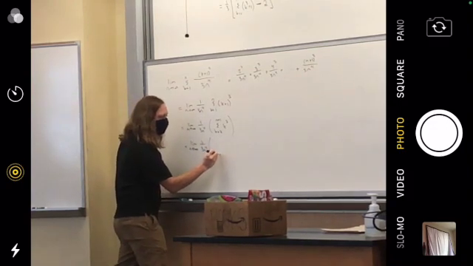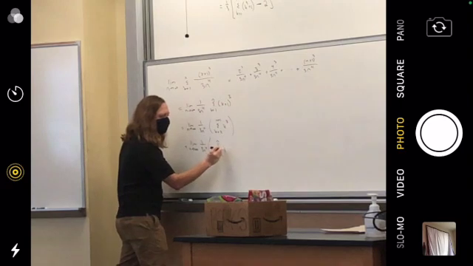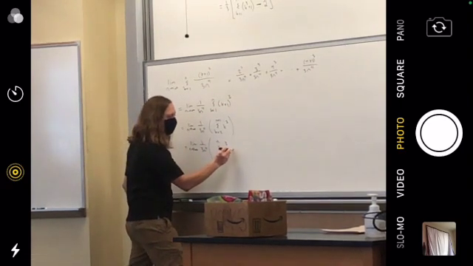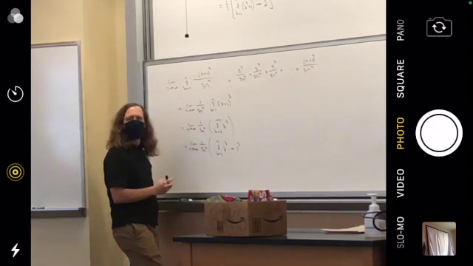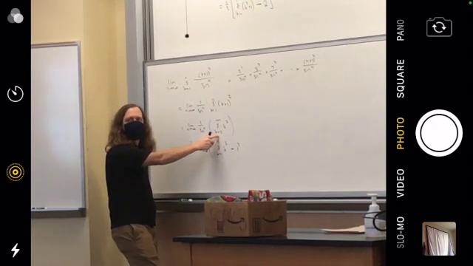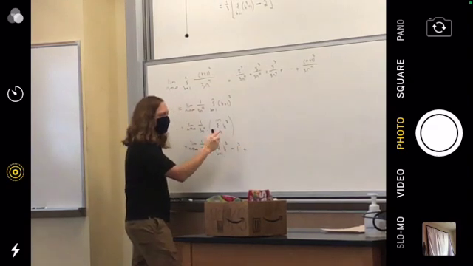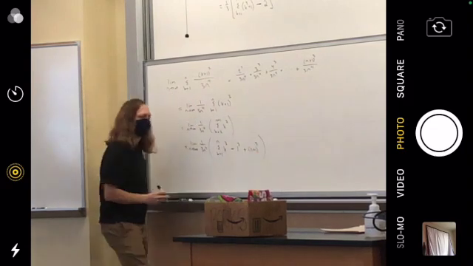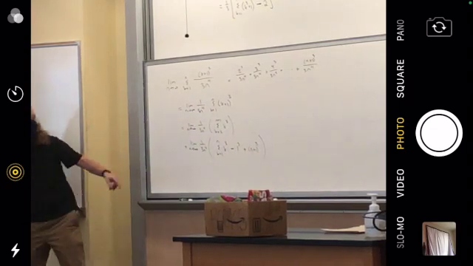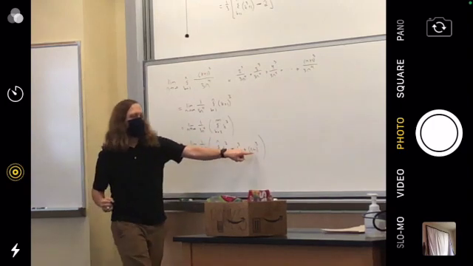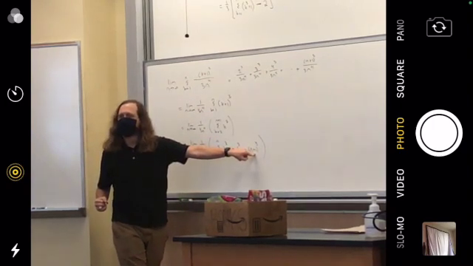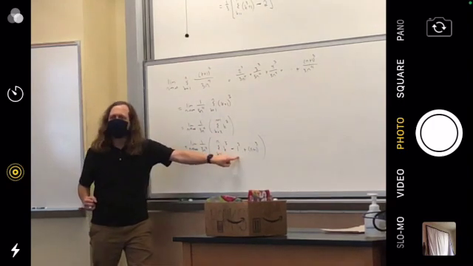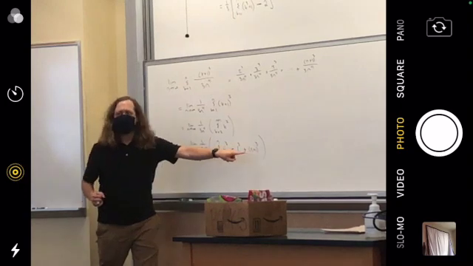What happens if I want to start at 1 and stop here? I would need to subtract when I plug in 1 cubed, because I was starting at 2 here. But then what else? It says add n plus 1 cubed. Because I left the last term off, I need to add it back. So like this one, I gained a term, I need to subtract it. I left off a term, I need to add it.